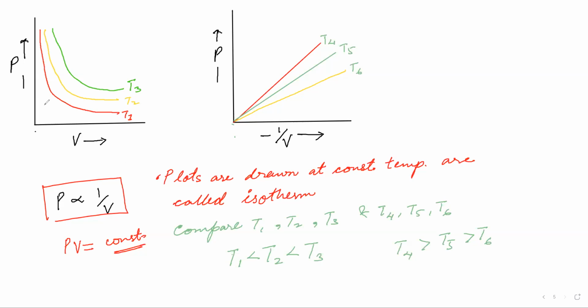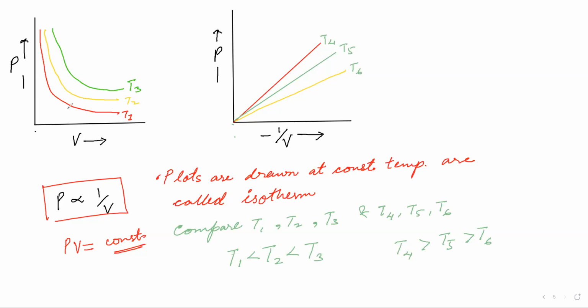Tell me about just this one now. How can you tell that T1 is lowest? Because P is inversely proportional to V. But this is temperature now. Yes, it is going down.